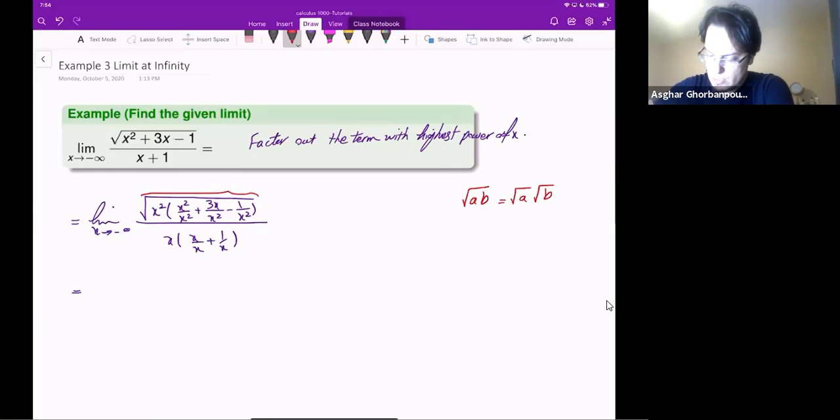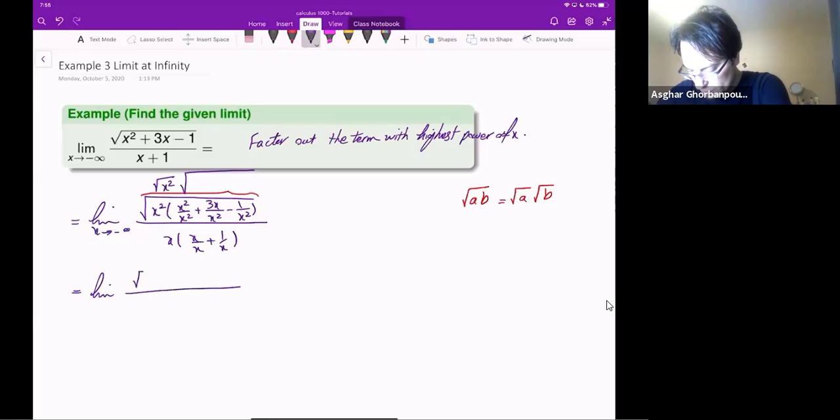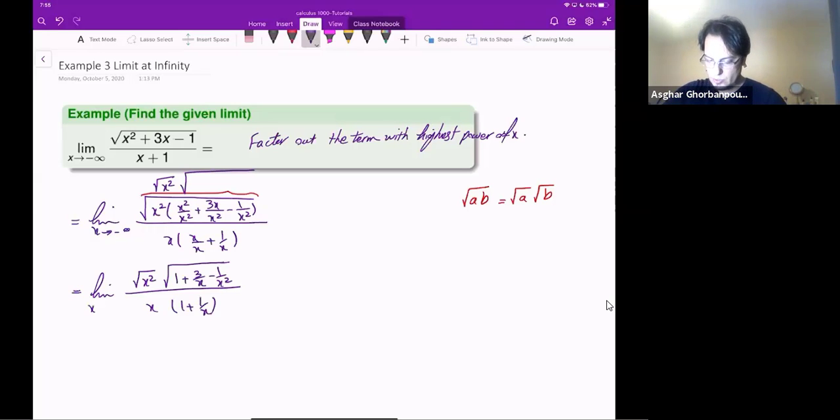That means the numerator we can write as root of x squared times root of 1 plus 3 over x minus 1 over x squared, over x times 1 plus 1 over x, and x goes to negative infinity.